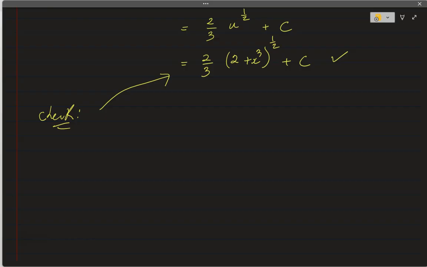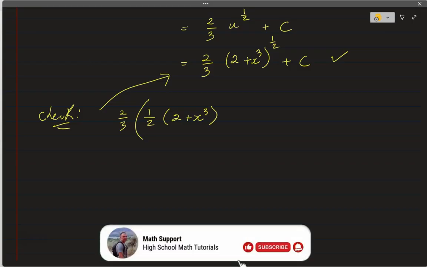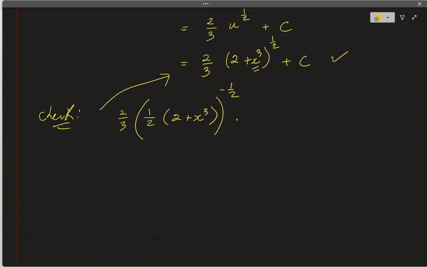We have to use our chain rule. So first of all, we have 1/2. There's a 2/3 outside. So we get 1/2 times 2 plus x cubed to the power of negative 1/2 times the derivative of x to the 3, which is 3 times x squared. All right, so now let's do the math on that.